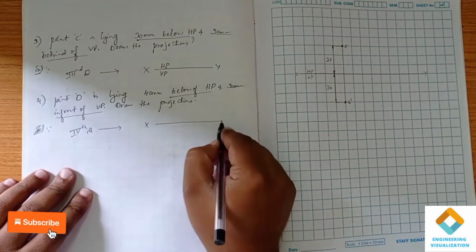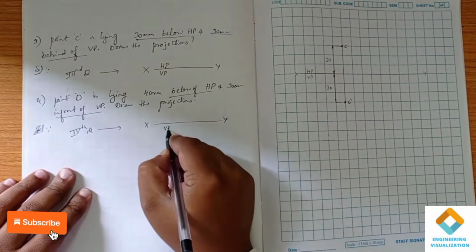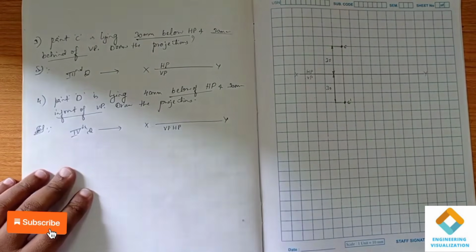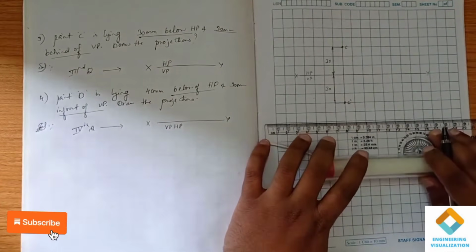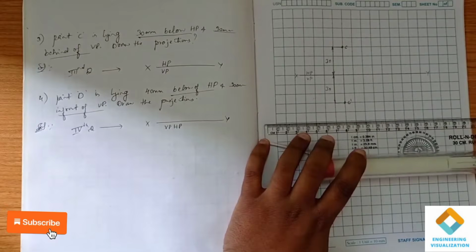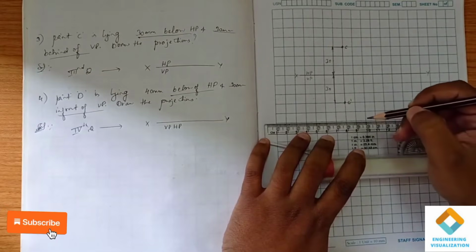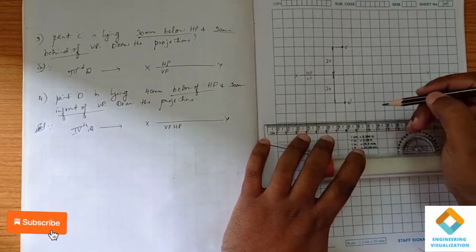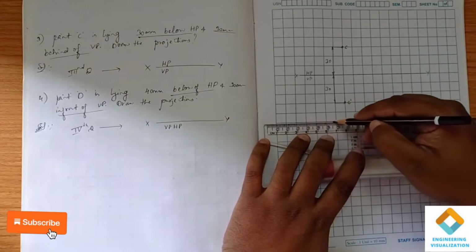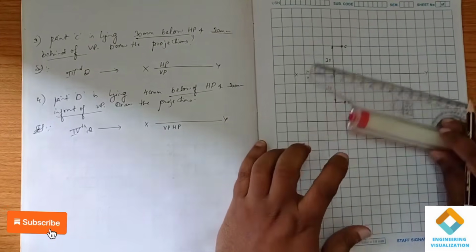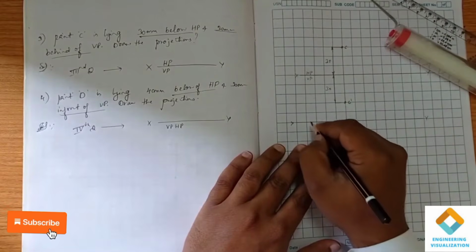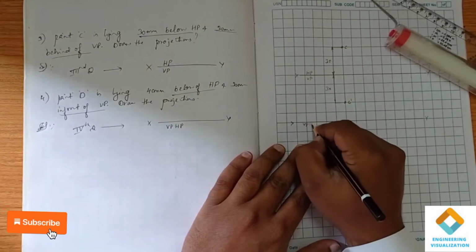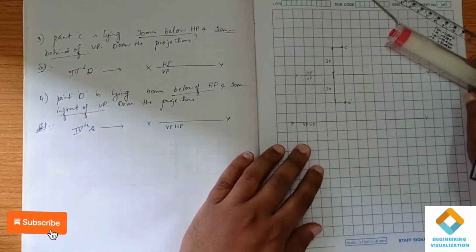We know for the conventions both the vertical plane and the horizontal plane are lying below the XY line. Draw the XY line here first. Both vertical plane and horizontal plane are below.